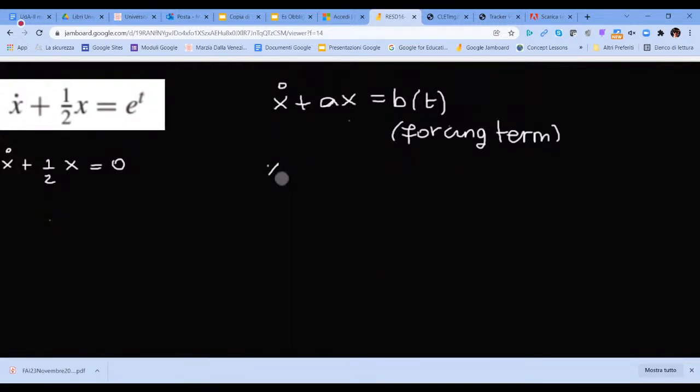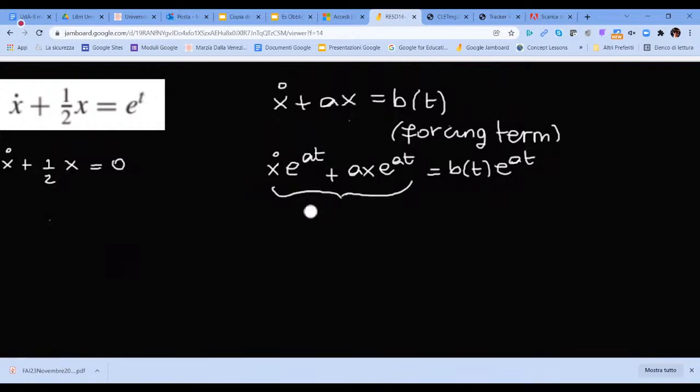If you multiply everything by e to at, then you will have that, of course, on the left hand side and on the right hand side. Then you will have this expression that corresponds to the derivative of the product x times e raised to the power of at.